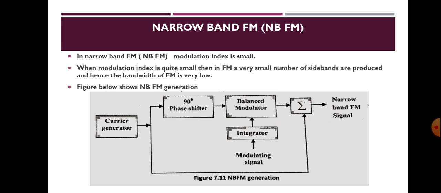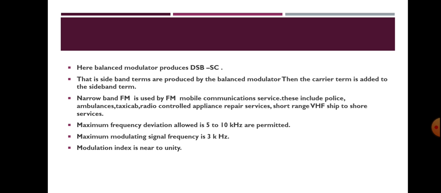To those upper and lower sidebands, a summer will add a carrier also, so that you get two sidebands and only one carrier frequency. That means there will be a limited number of frequency components in the spectrum. So it will produce a small bandwidth. Thus it produces a narrow band FM signal.